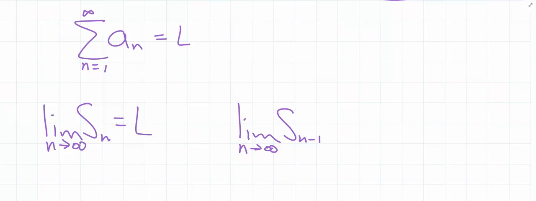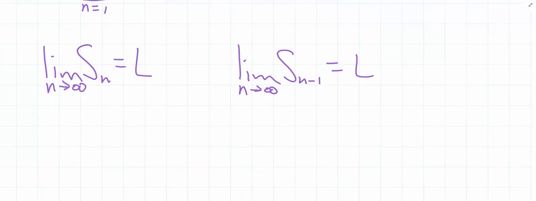We're just playing a game here: if the nth partial sum converges, the sum before it converges too, if you let n go to infinity. So S sub n and S sub n minus 1 are both going to converge to this. Do y'all see that? There's no question about that. It's just a game of notation.